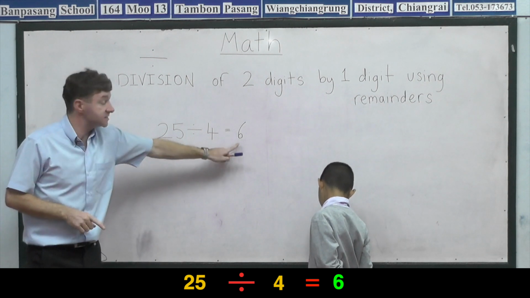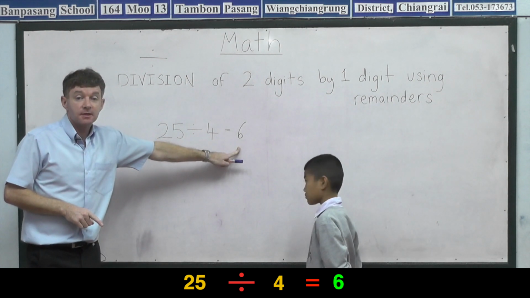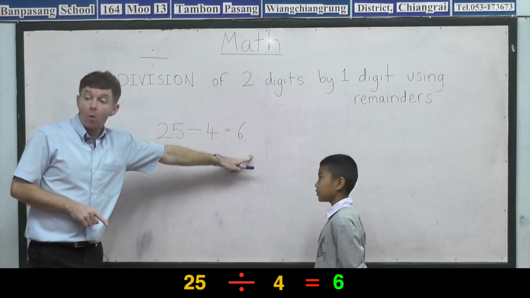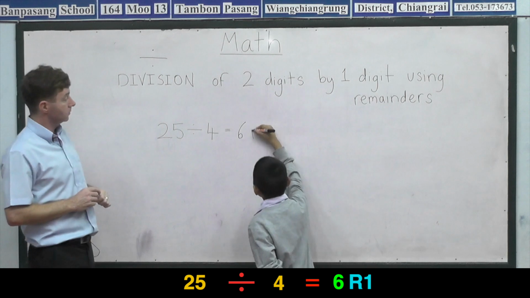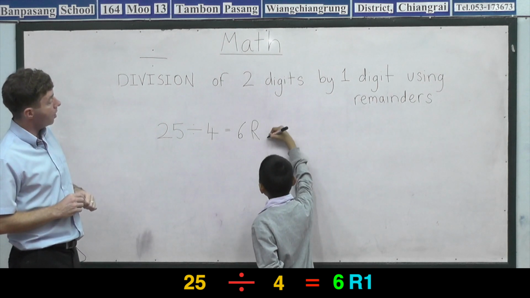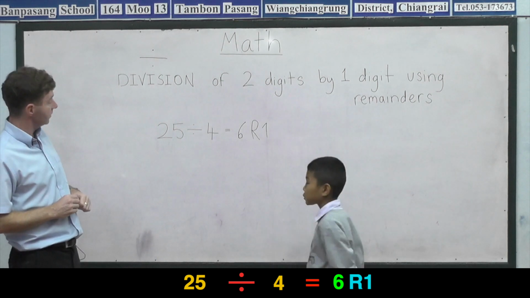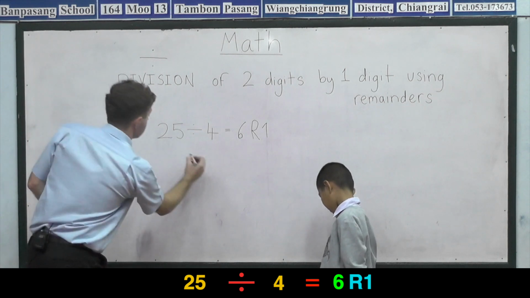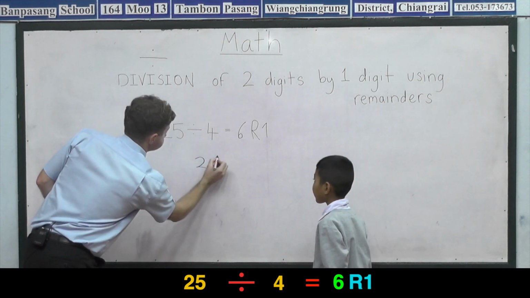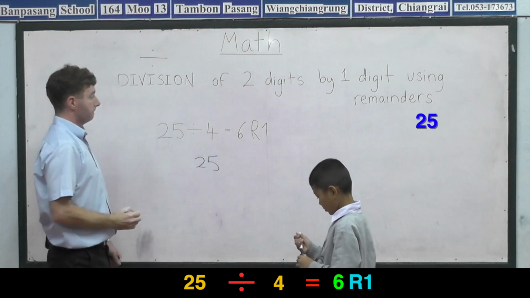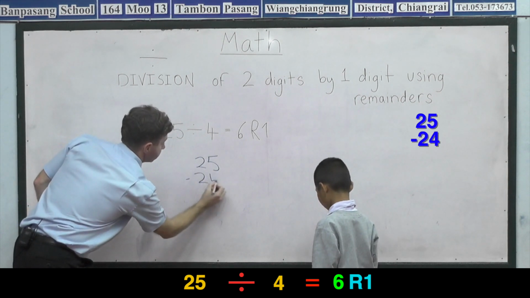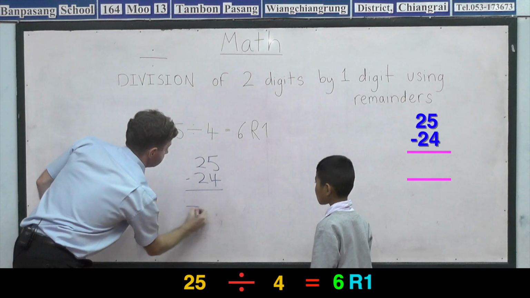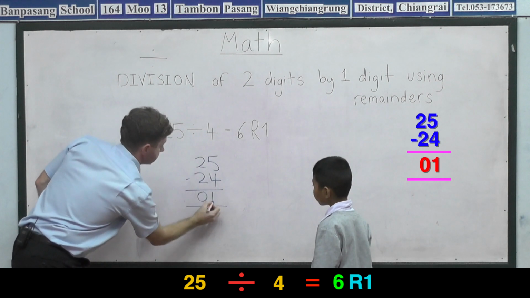What do we do with that number? So we say 6, so we write 6 R1. Excellent. Because we have 25 minus 24 equals 1.